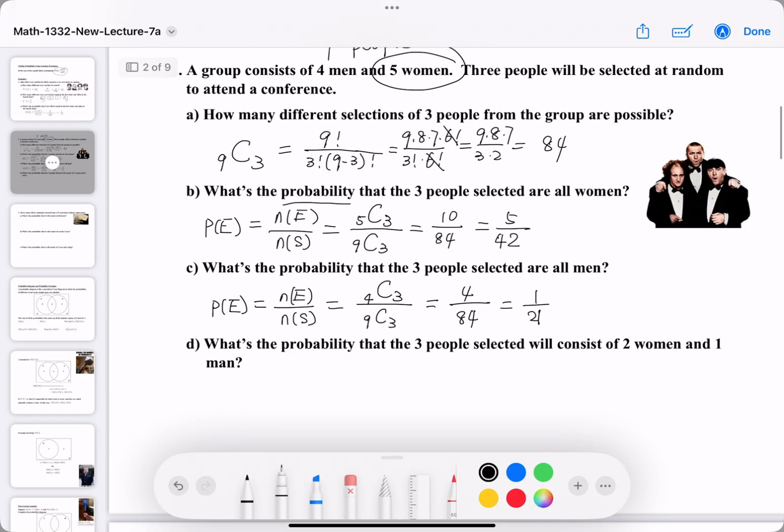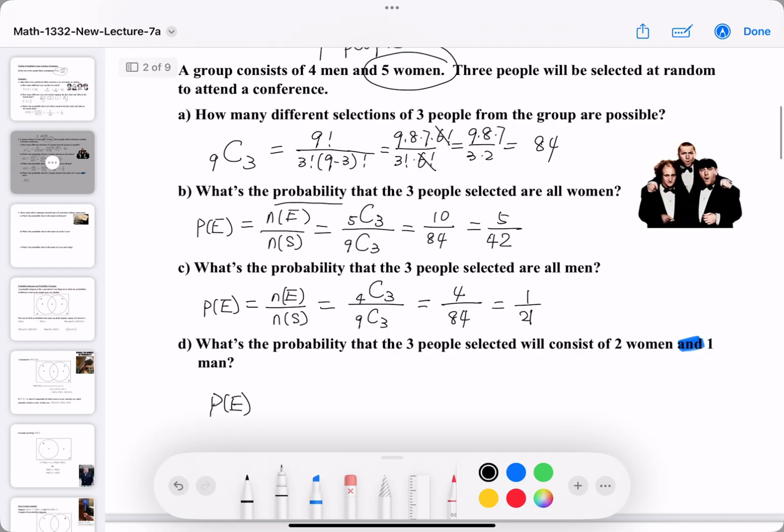All right, number D. What's the probability that the 3 people selected will consist of 2 women and 1 man? Why did I highlight the "and"? And means multiply, or means add. So if I'm going to multiply 2 events' numbers, we're going to have P of E equals, the bottom is 9C3.